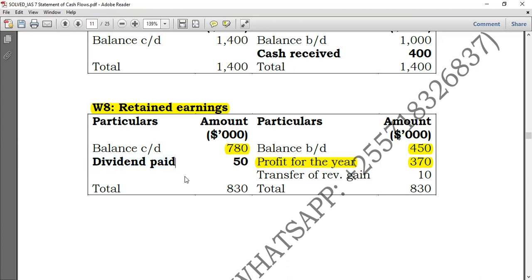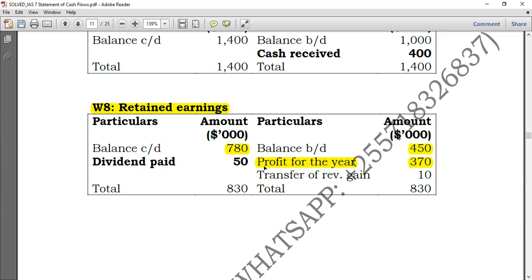All right. Another reason for movement in retained earnings, let's presume, is what we call a bonus issue. If you make a bonus issue of shares from retained earnings, I would reduce retained earnings here and take it to the share capital account. But this would be stated in the question. Our question here doesn't have that. All right.